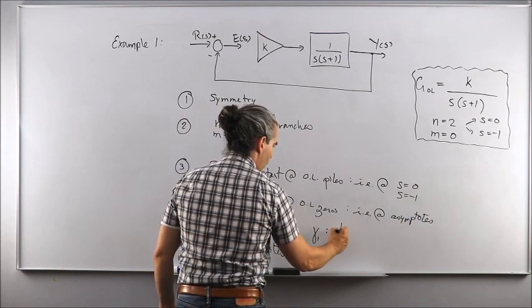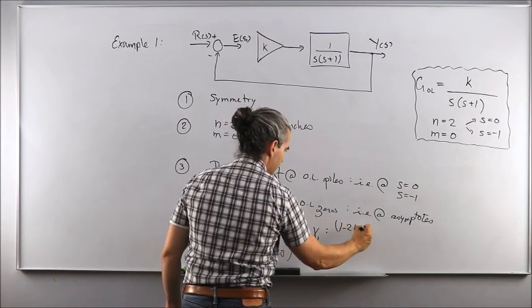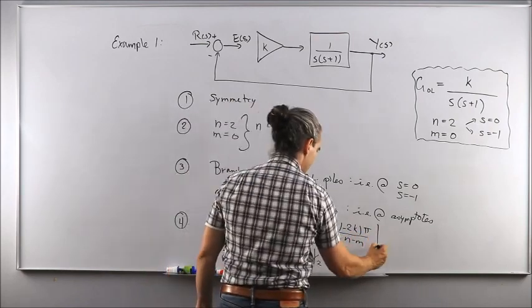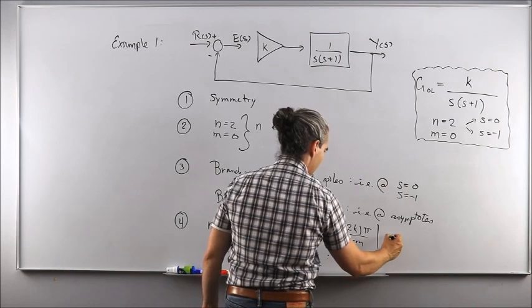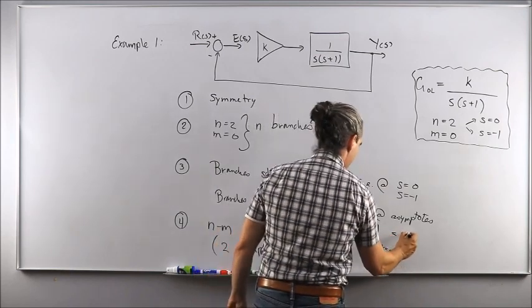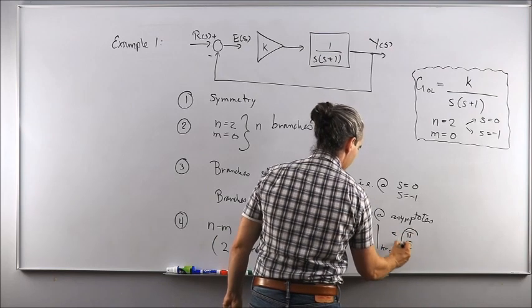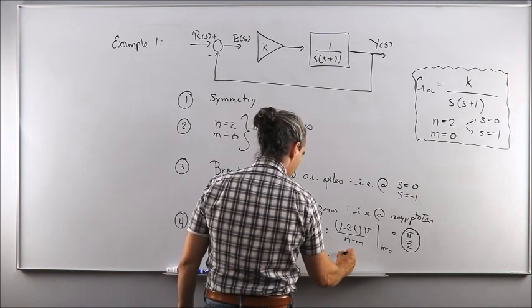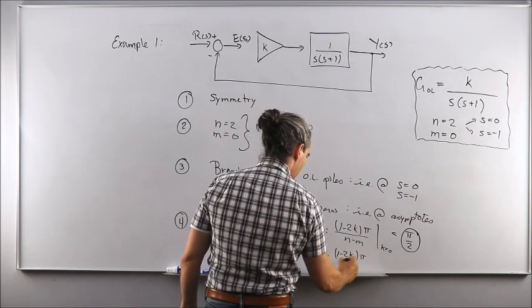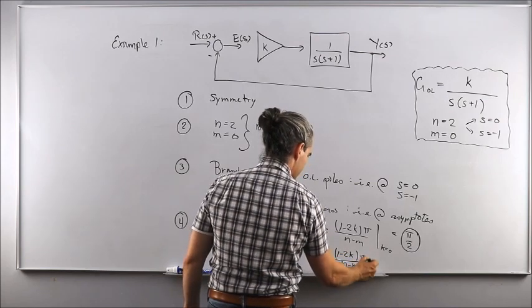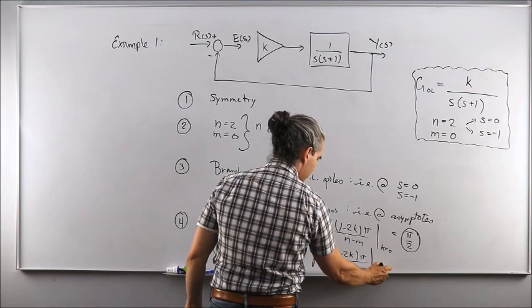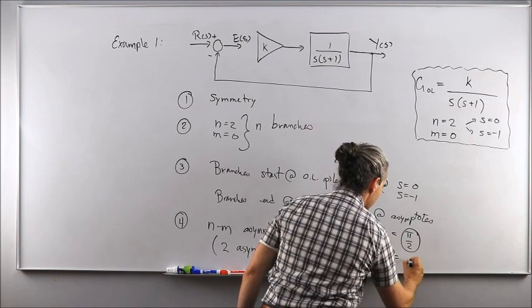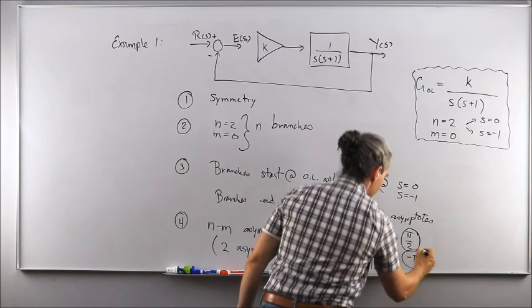And that is your (1 minus 2k) pi over n minus m. This one is calculated with k equals 0, and therefore you end up with pi over 2 for the orientation of the first asymptote, and for the orientation of the second asymptote, again (1 minus 2k) pi over n minus m, but this time calculated with k equal to 1. And that gives you, sorry, minus pi over 2 for the second asymptote.